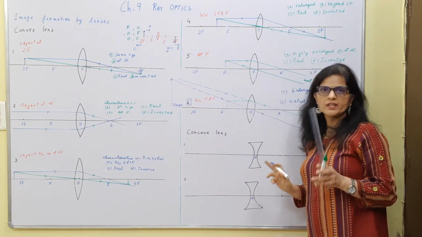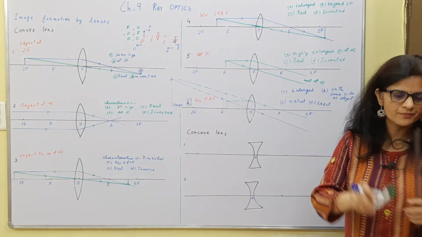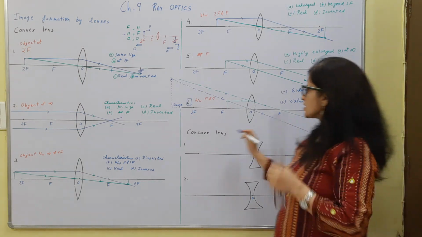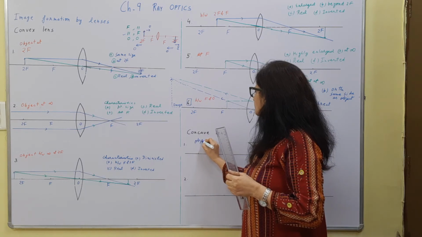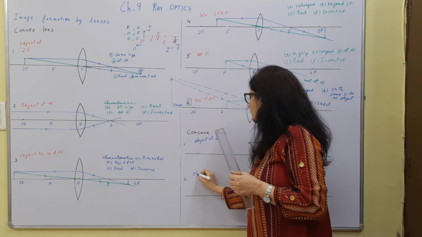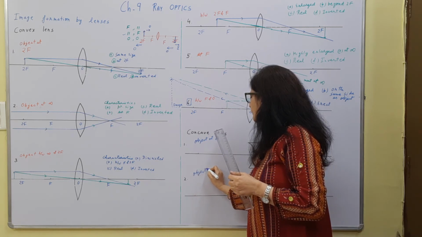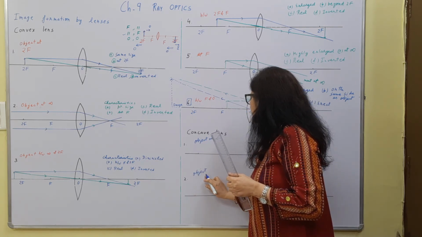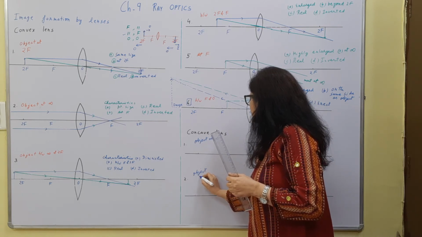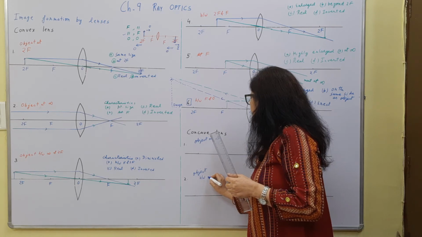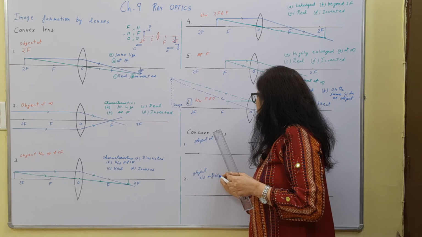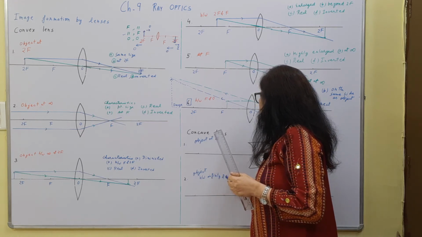Then we have the two cases for the concave lens. For concave lens, what all rays can we take? We can take two positions: object at infinity, and second is object between infinity and optical center.